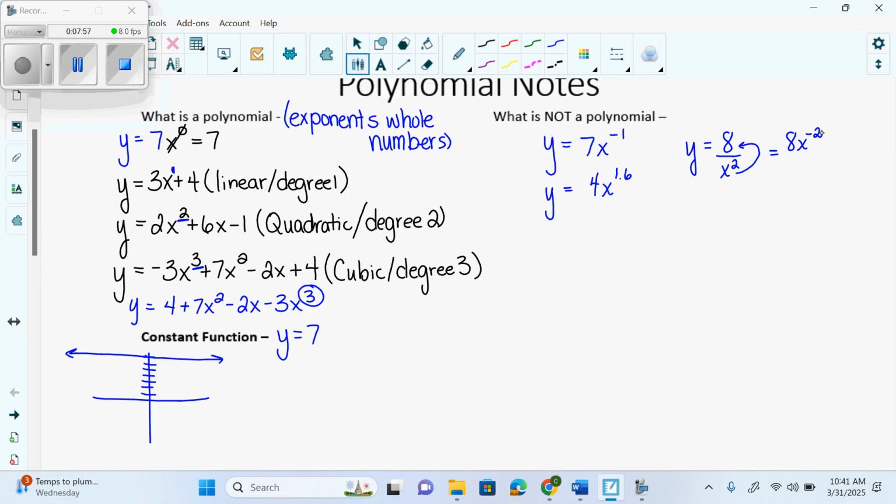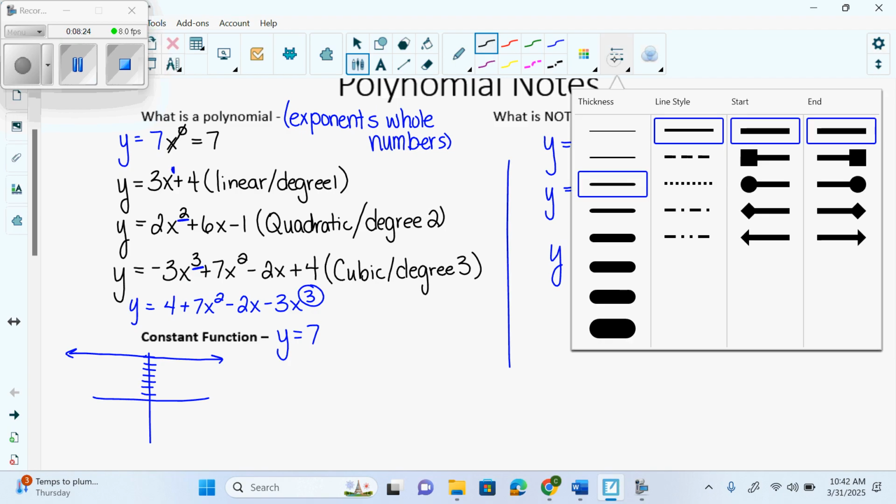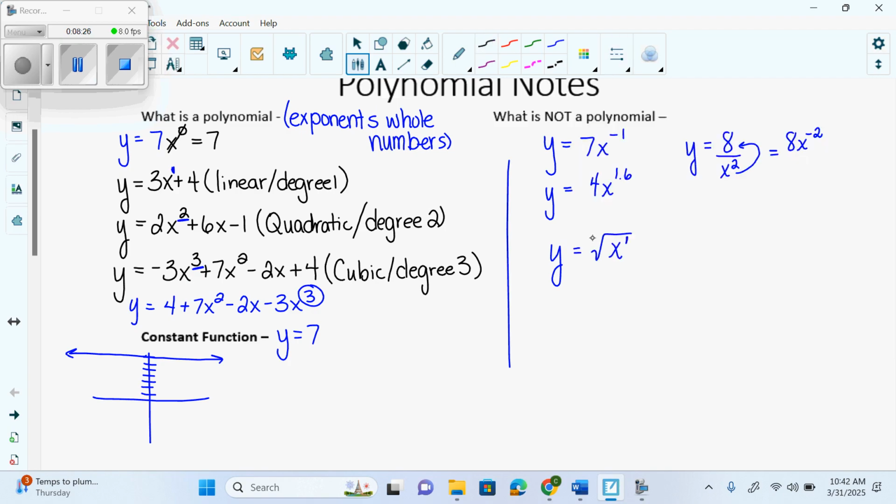Another thing would be y equals the square root of x. Now people say to me, Mrs. Lepp, there's an exponent of 1. Once again, you're a liar. That's a whole number. But in grade 10, you were taught to write mixed radicals, right? You were taught to write entire radicals. You were also taught to do rational exponents, which is what we need to do here. So how did we do rational exponents? Let's go back in case you forget. You have the 2 here.